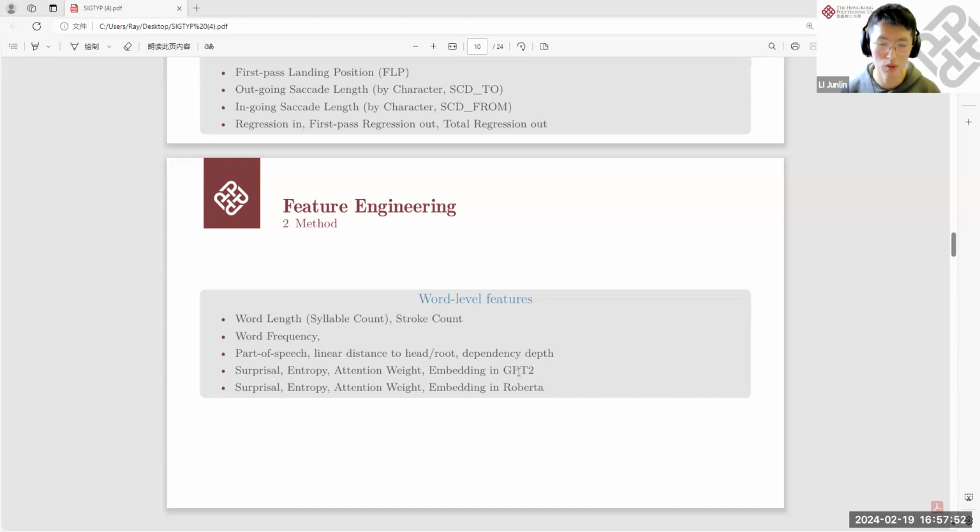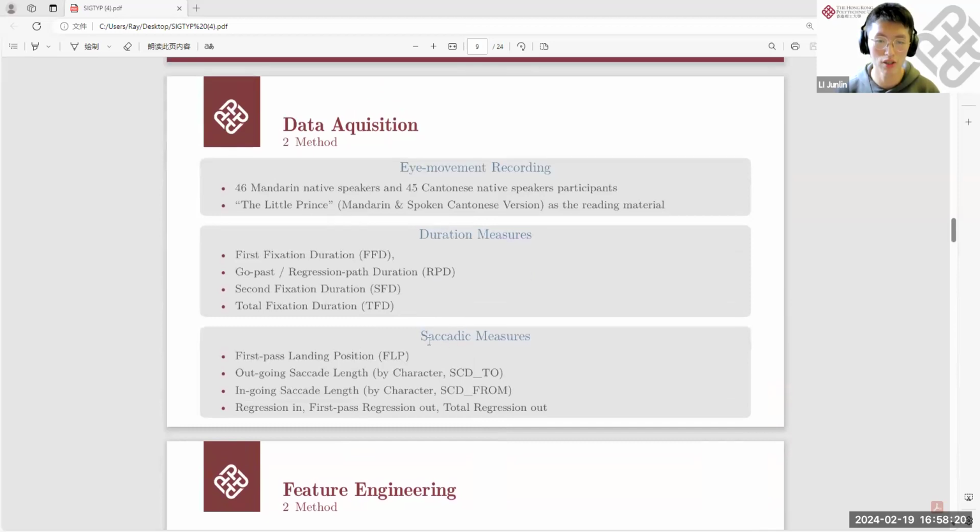And the key features of interest to this research are GPT-2 derived surprisal, entropy, attention, and RoBERTa derived surprisal, entropy, and attention. We want to observe how GPT-2 and RoBERTa differ from each other in terms of their performance on tracing the duration measures and stochastic measures we are interested in.